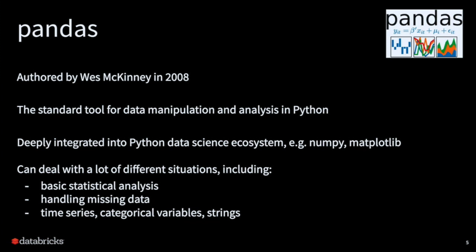It relies on NumPy for doing numerical calculations. It uses Matplotlib for doing the plotting, and it can ingest and transform data sets of pretty much any format. And on top of that, it provides a pretty complete toolbox these days with statistical analysis, time series analysis, all the tools that you would need for dealing with missing data, and so on.